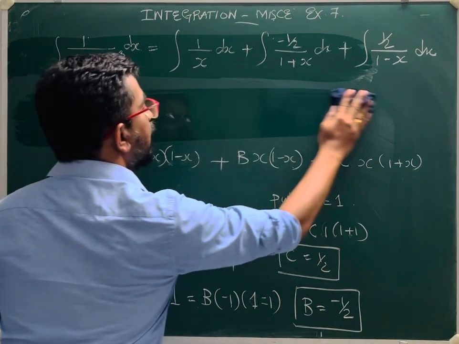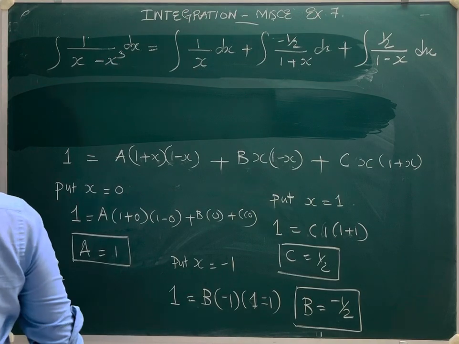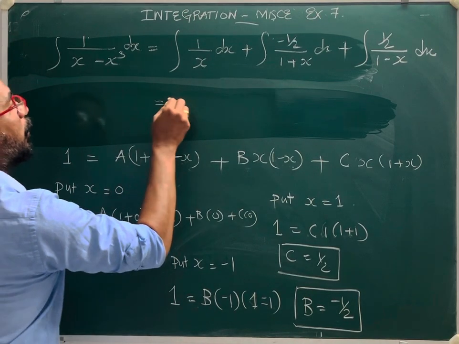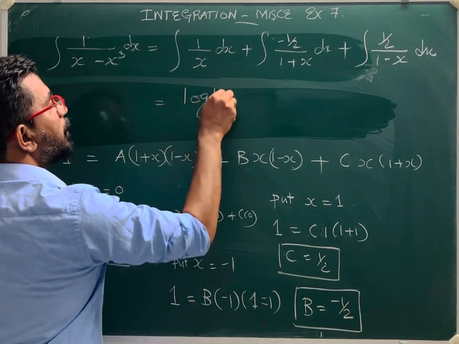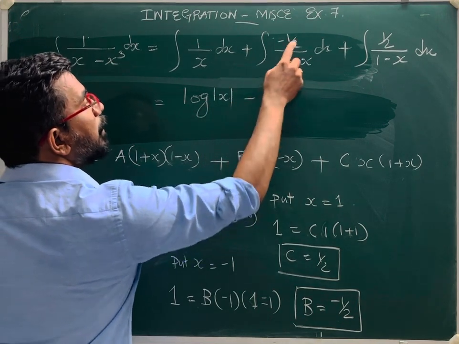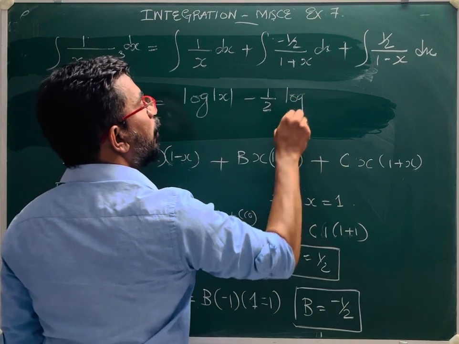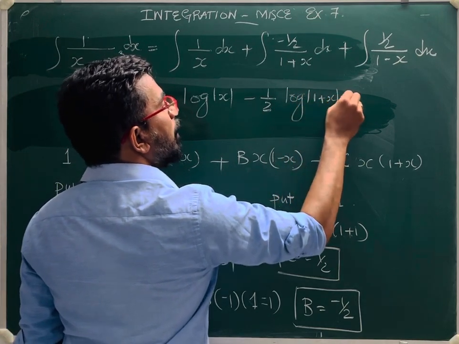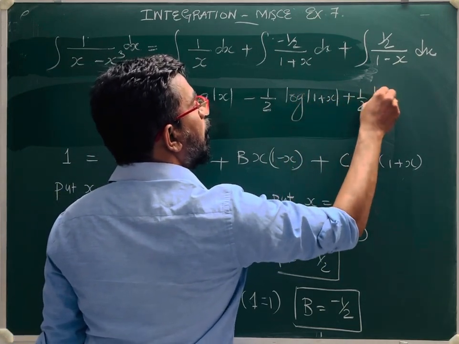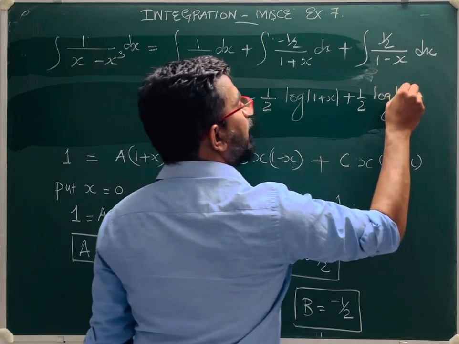So what I do is, I will integrate from here. So the answer will be, which is equal to, this will become log mod x plus, this minus 1 by 2 you keep, 1 by 1 plus x is log mod 1 plus x plus 1 by 2 log mod 1 minus x.